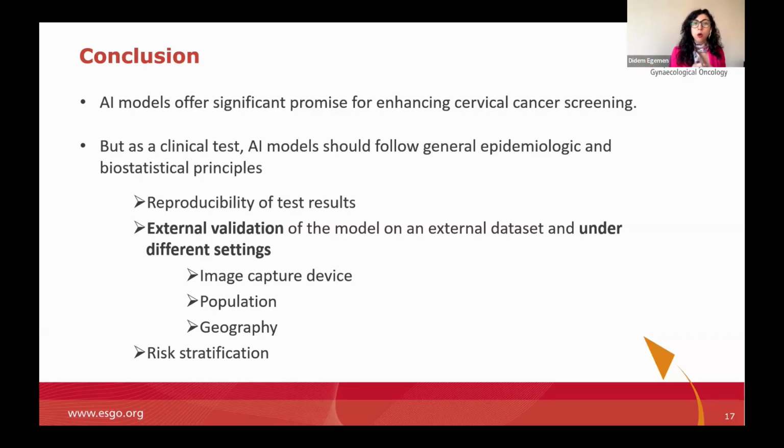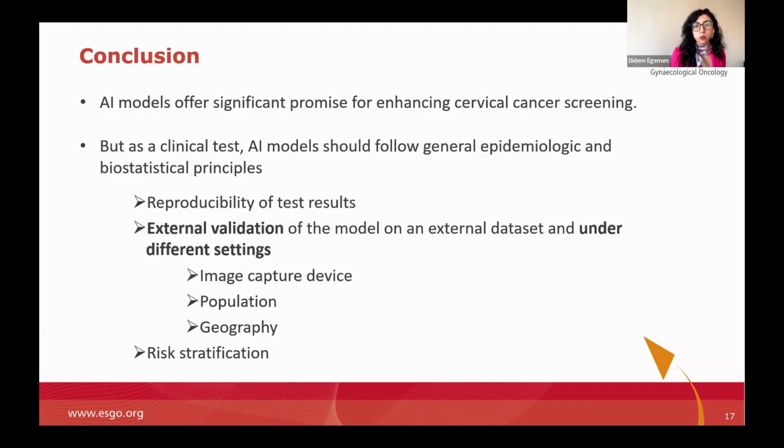External validation. It's not enough to validate the algorithm on the same data set, the part of the data set that the algorithm is trained on. You need to test it on other, external data sets to make sure of the generalizability of these algorithms. And whenever something changes in the data environment, you need to be careful and continuously monitor.